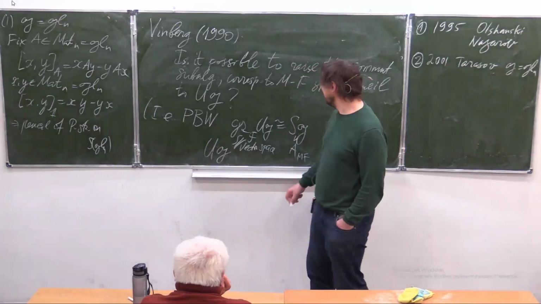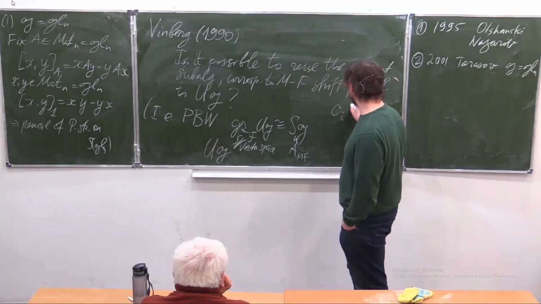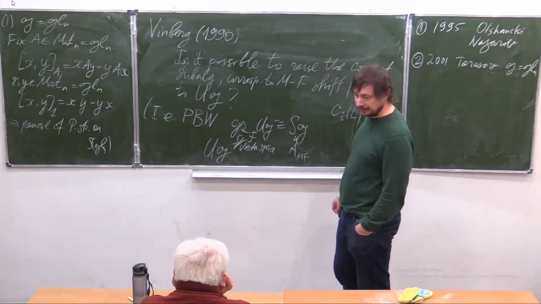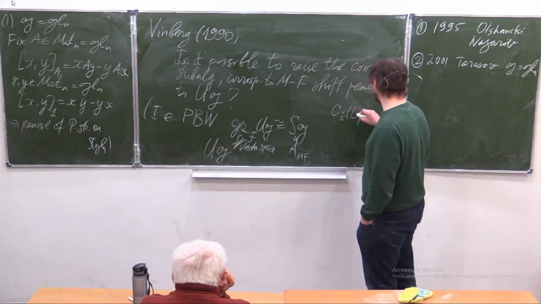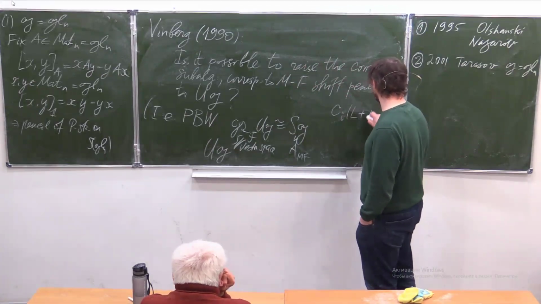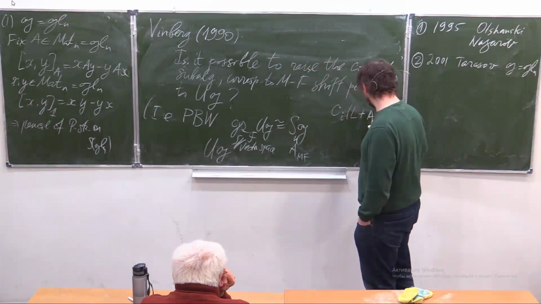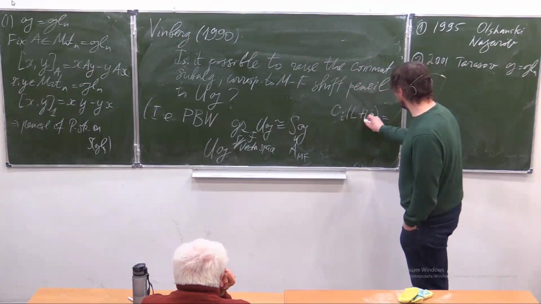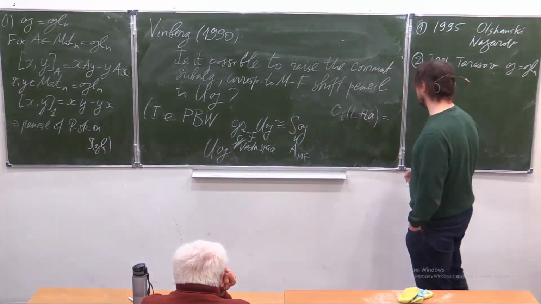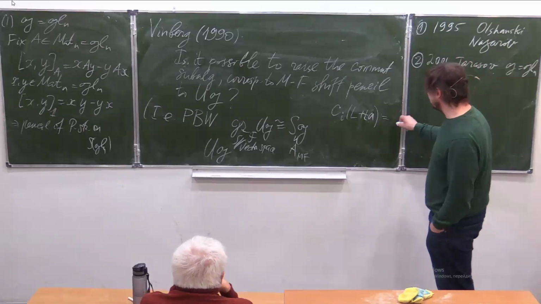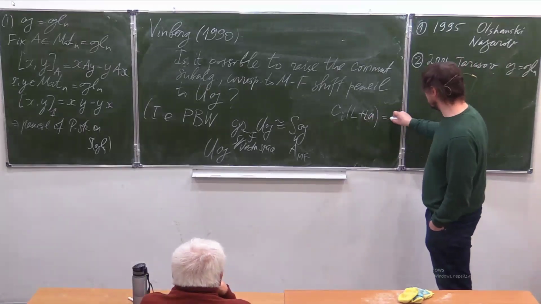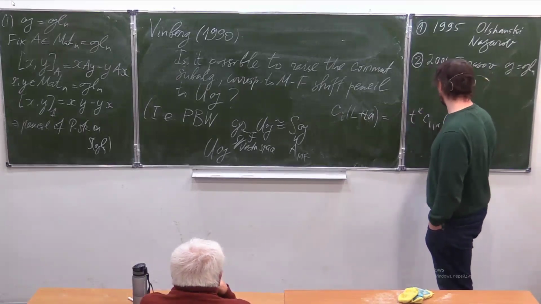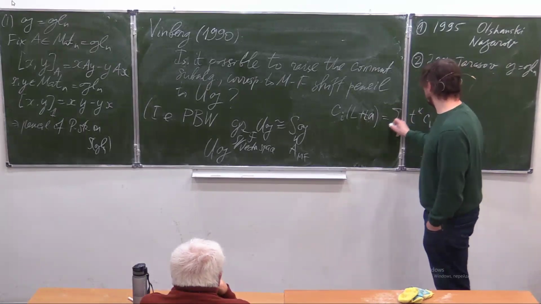You take the generators of the form C_i of L, the coefficients of the universal determinant, of the universal characteristic polynomial, shift them by this shifting element a, decompose in powers of t, the parameter of decomposition, and you get t^k C_{i,k}(L, a), a sum over k.